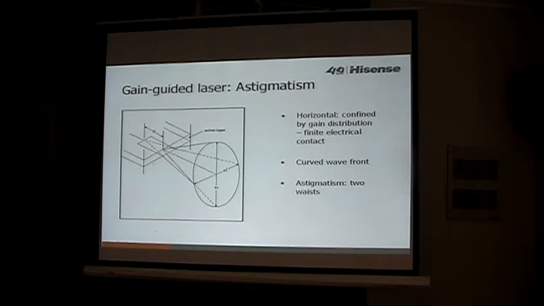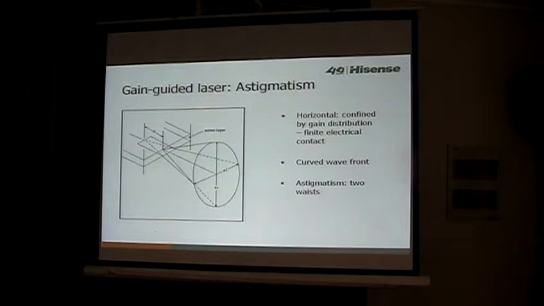What we can grow for the semiconductor is only, say, uniform material layer by layer. Transversely, we cannot do too much. So, the very early stage semiconductor lasers were gain-guided lasers.